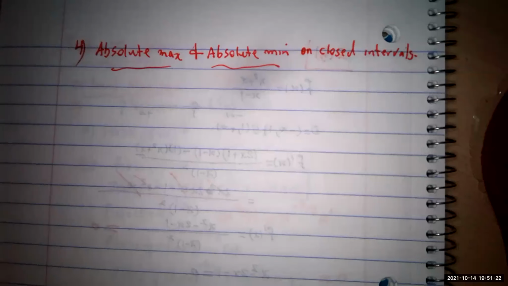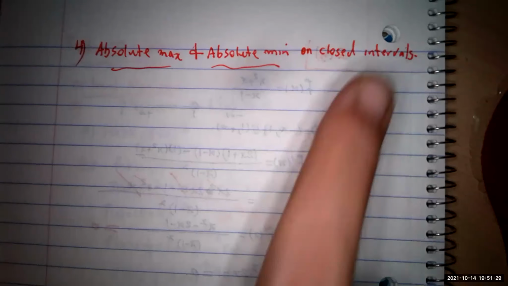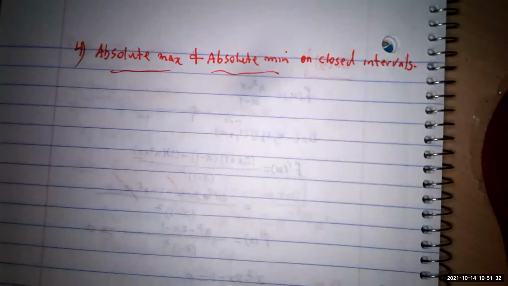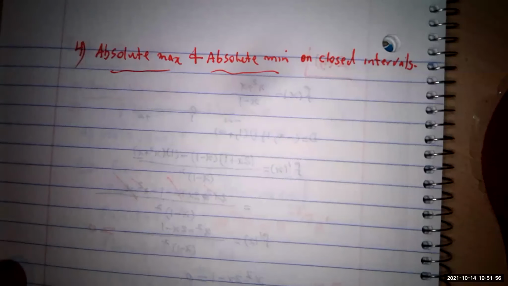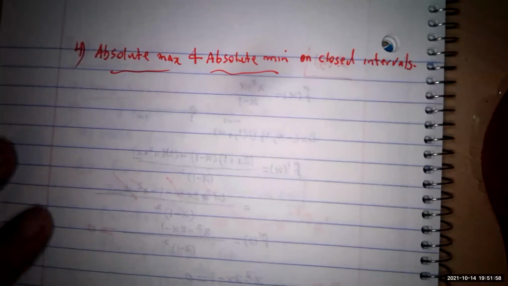If the critical numbers are in your domain, you select them, find the value of the function at the critical numbers, and at the endpoints of the interval. The interval is closed, so you have the right end and the left end. So we get a bunch of numbers. The smallest one is the absolute minimum, the largest one is the absolute maximum. No test, nothing is needed for this one, okay? So it's straightforward, just make sure that you differentiate nicely, okay? So there you are. This is number 4.